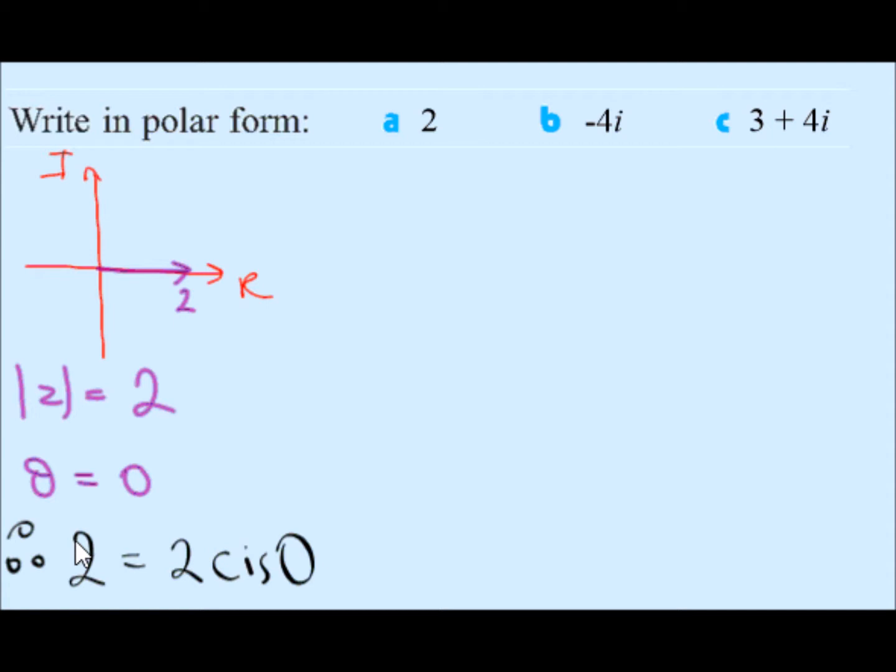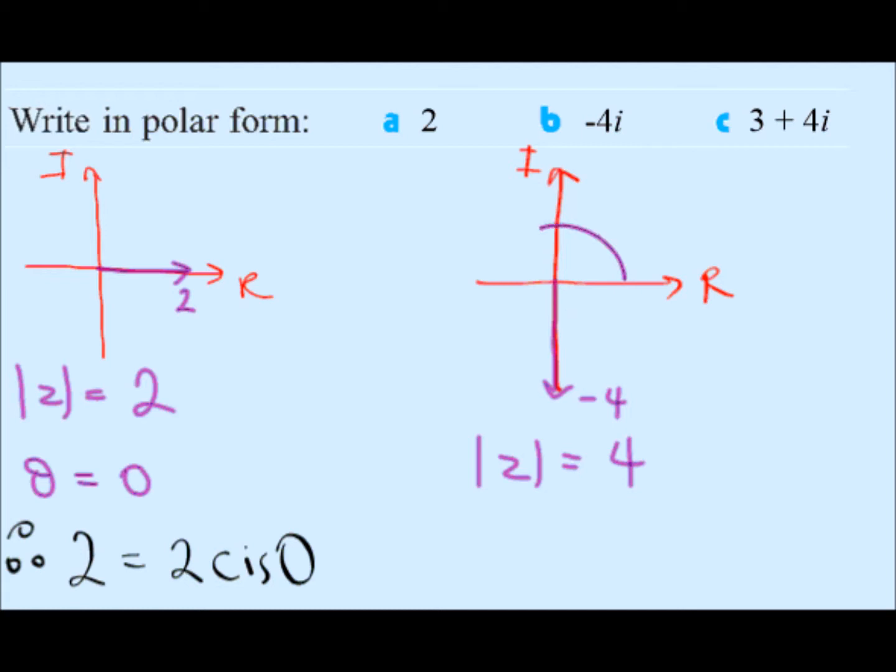Next one. We have negative 4i. Let's graph that. Negative 4i will be down here, so negative 4. We know the length of that complex number is equal to positive 4 units, and for the argument, once again we start from 0 and work around to pi, or 0 and work around to negative pi.